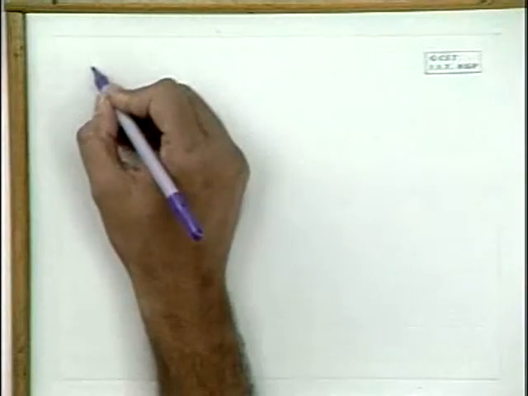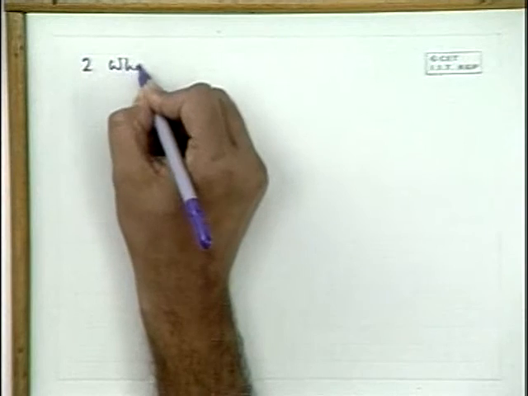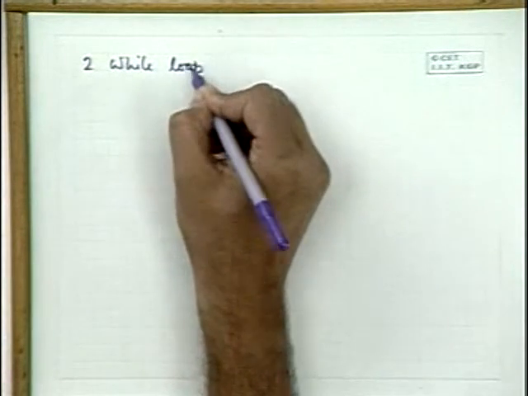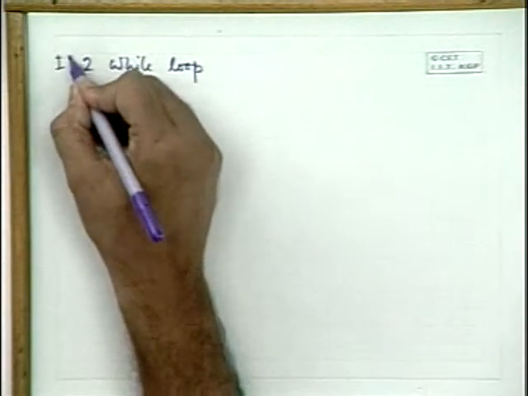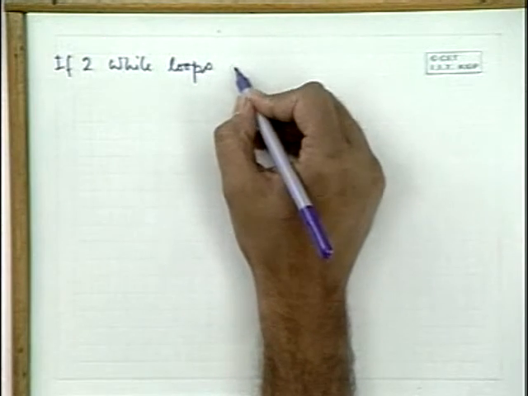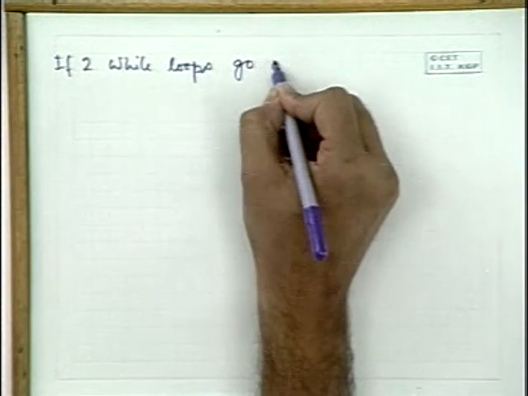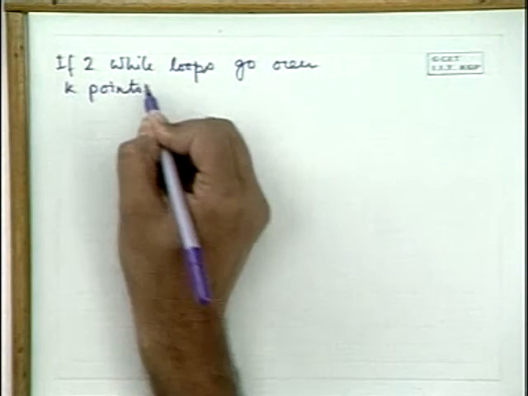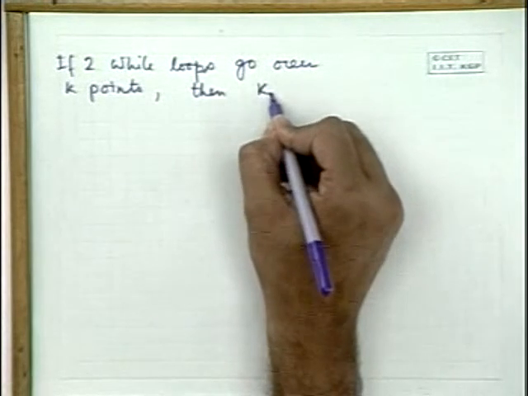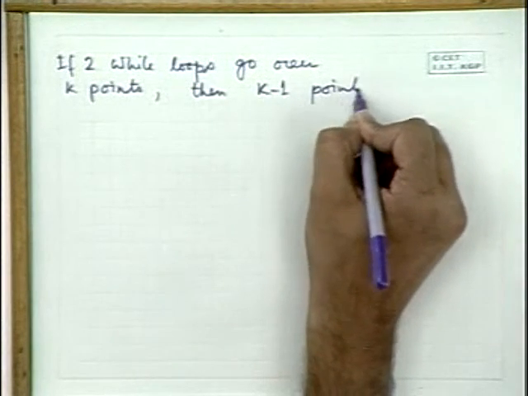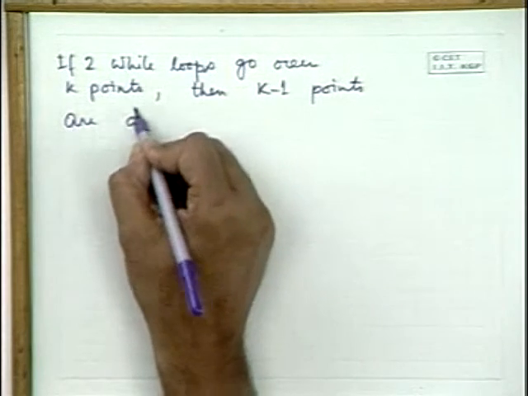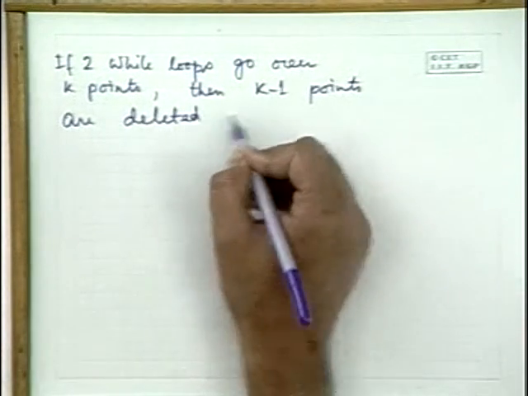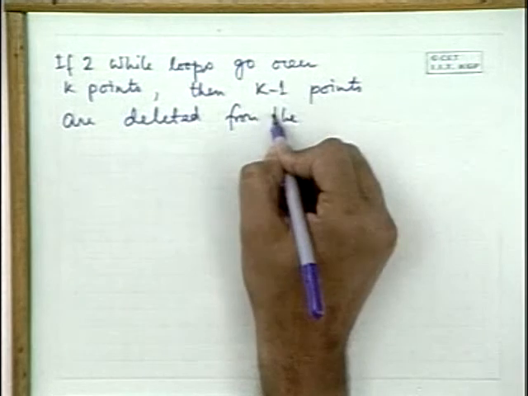The logic is, so I am going to write it now. If two while loops go over k points, then k minus 1 points are deleted from the convex hull.